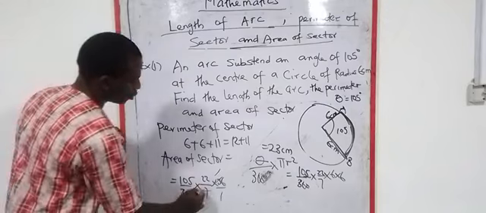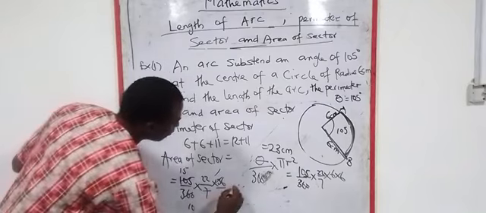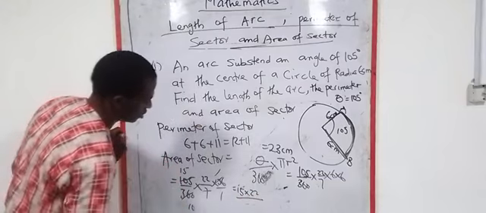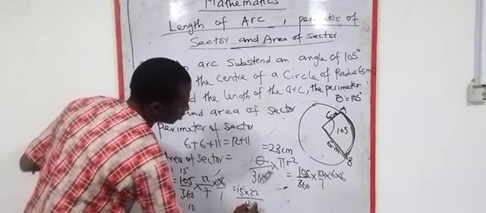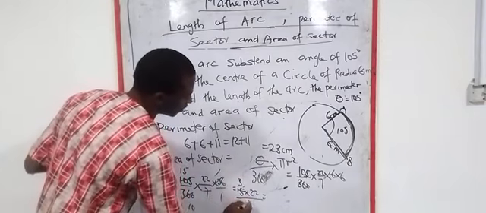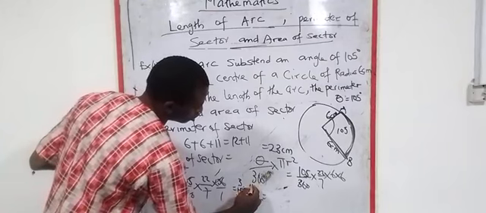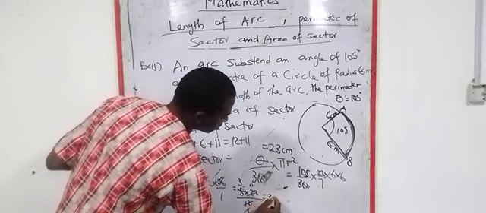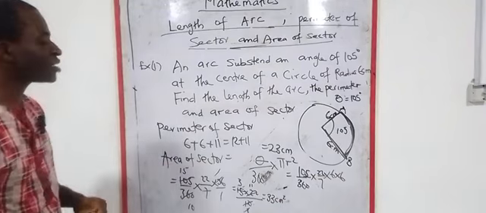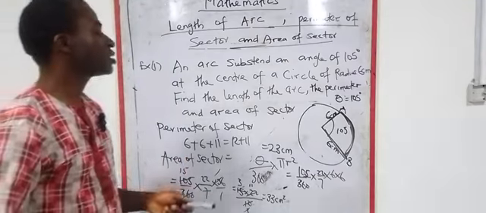So this one we have said it before, we went in 15 times. So we now have 15 times 22 over 10. That is what we have. Of which you know 5 will go to here 3 times, 5 will go to here 2 times. 2 here 1, 2 here 11. So now 33 centimeter square. So the area of that sector is actually 33 centimeter square.